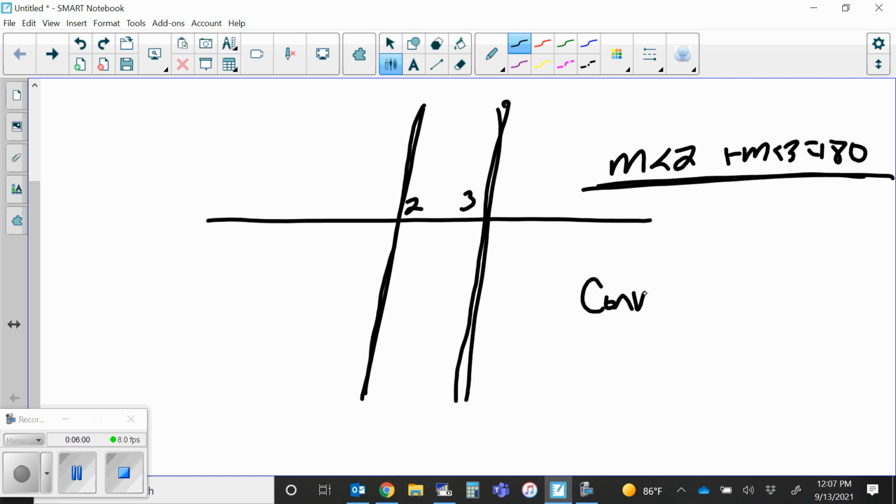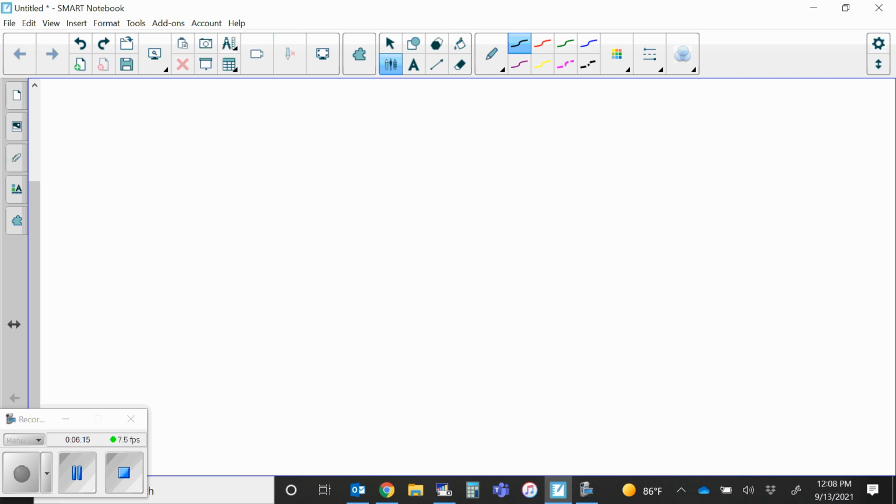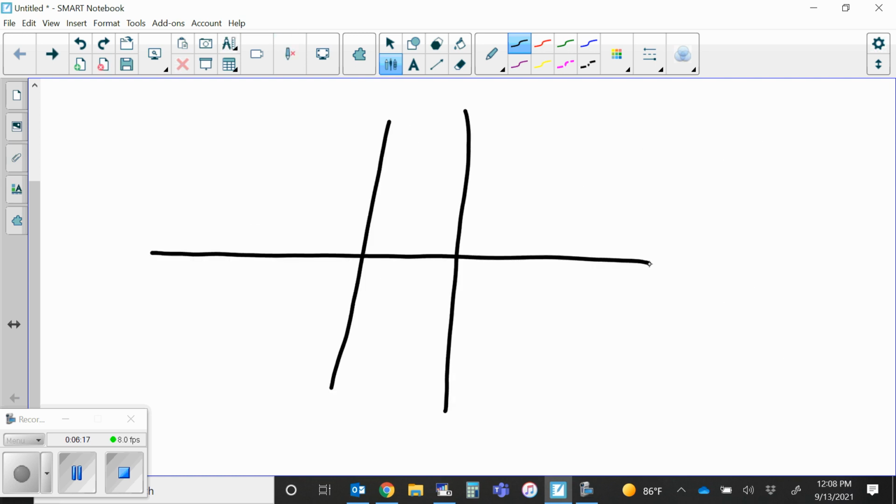Converse of what? No, not linear pair. Same side interior. What we did on Friday. What does the same side interior say? If the two lines are parallel, then this angle plus this angle has to equal 180.